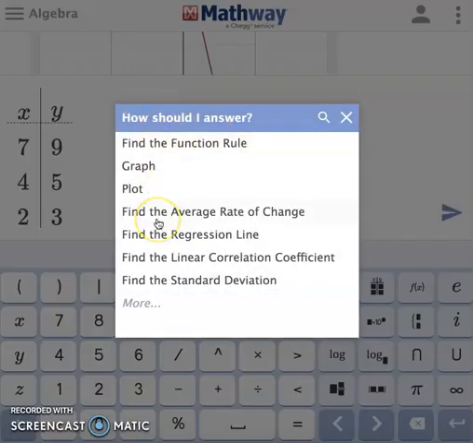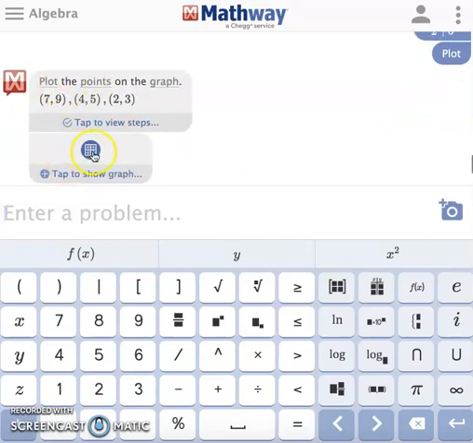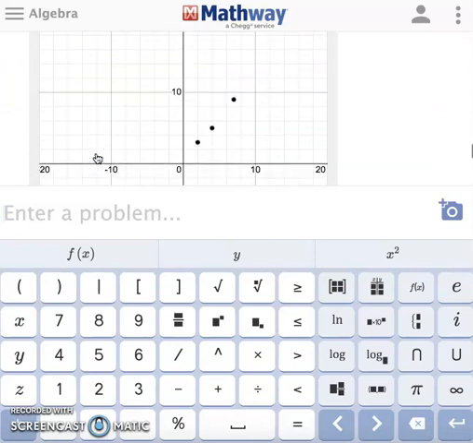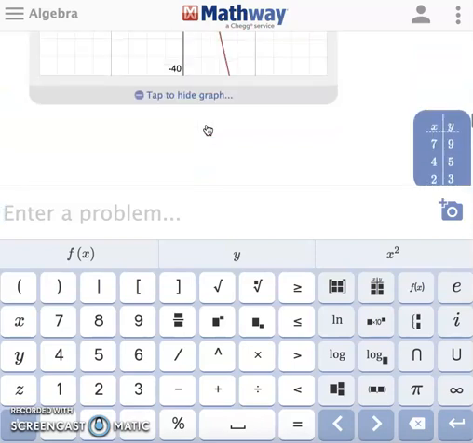It'll ask again what we're looking for, and for this one we can say just plot, and it'll give us the plot of the points, so we can put it onto the graph. And then we can just tap here and we can see that graph as well, and it'll just show us the points, something simple. No matter what it is, typically MathWay will do everything for you. It has all the functions and everything.